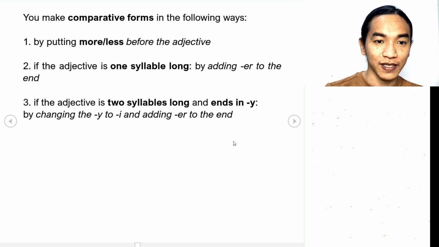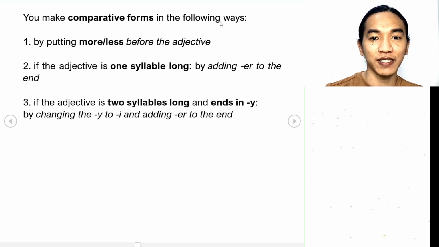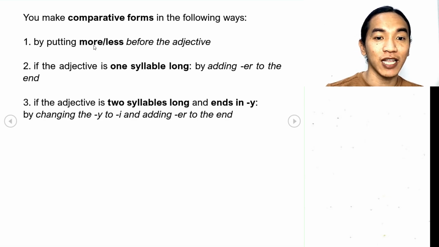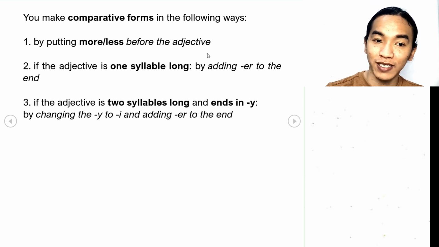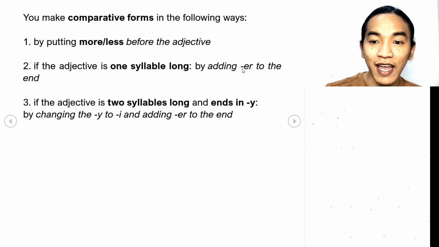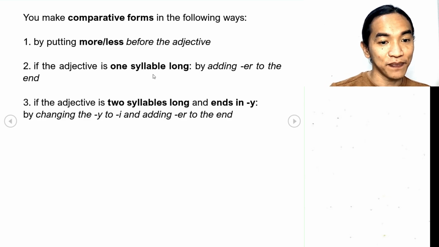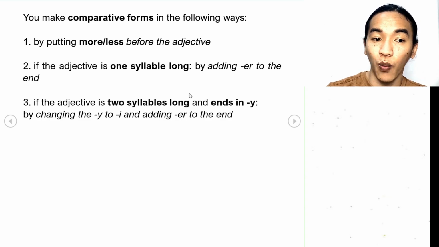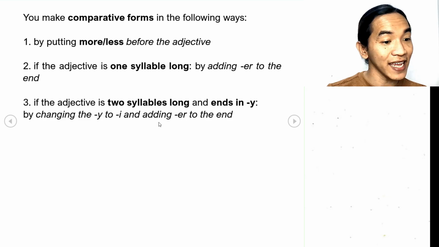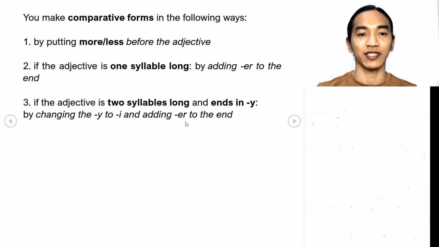Now, you make comparative forms in the following ways: by putting more or less before the adjective if it has two or more syllables. If the adjective is one syllable long, you just add er to the end. If the adjective is two syllables and ends in y, change y to i and add er to the end, just like what we talked about.